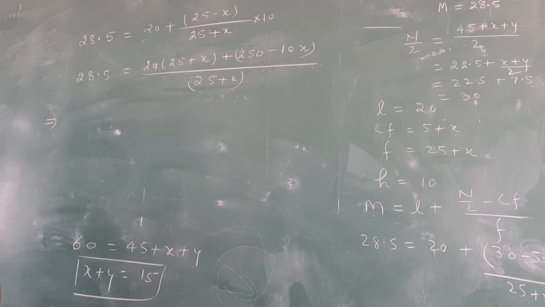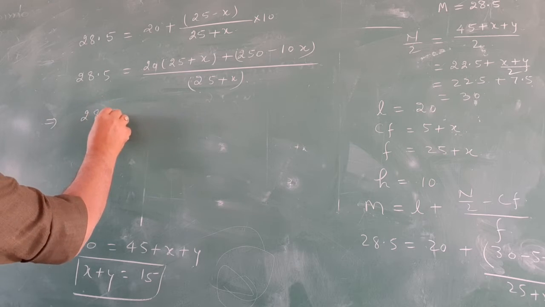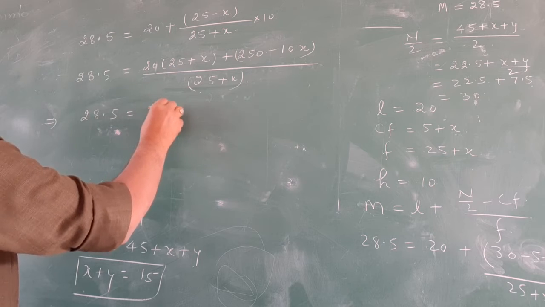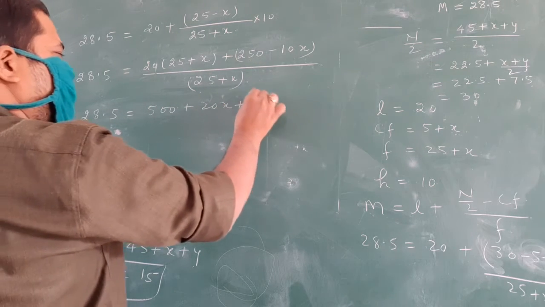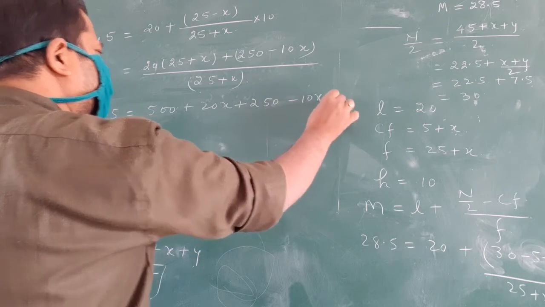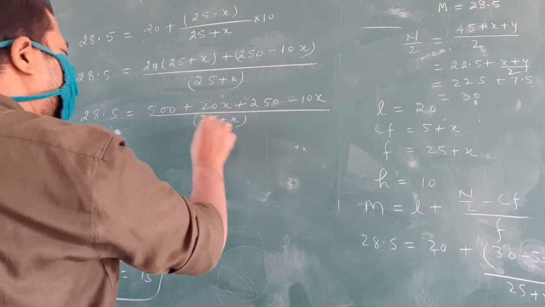So 28.5 equals 500 plus 20x plus 250 minus 10x, divided by 25 plus x.